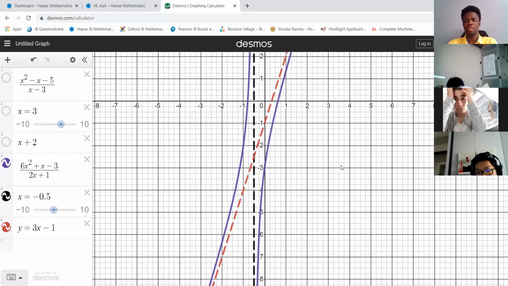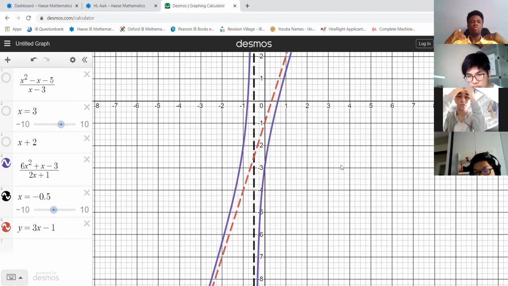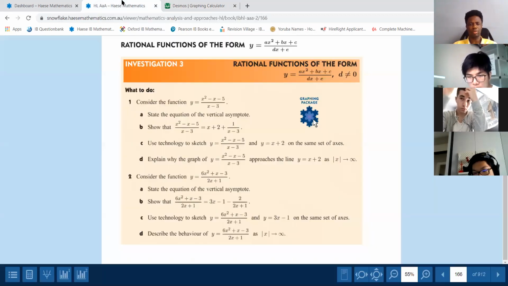So basically, what can you tell me? I want you to be the one to tell me the process now. If I am given a rational function of this form, how do I get the vertical asymptote and how do I get the slant asymptote? And is there anything like horizontal asymptote? Anyone?